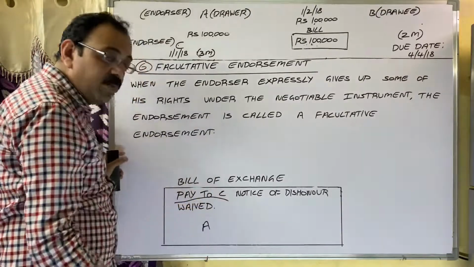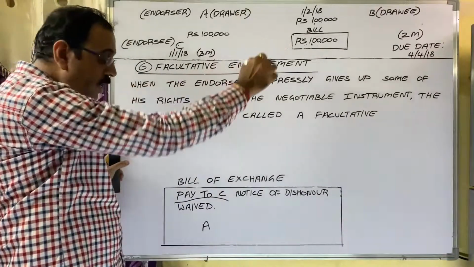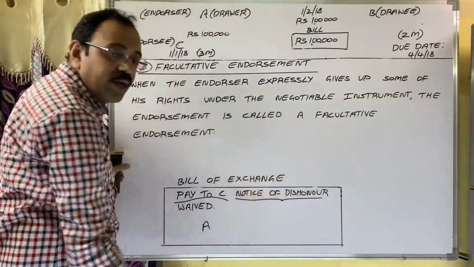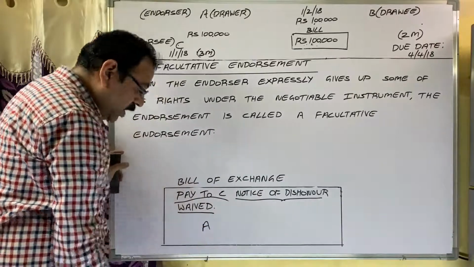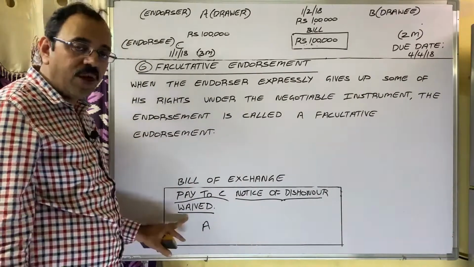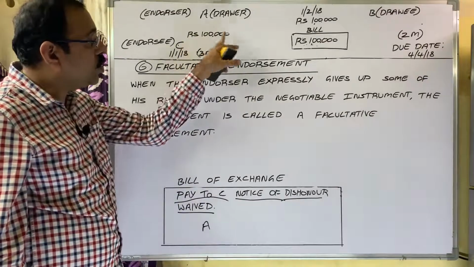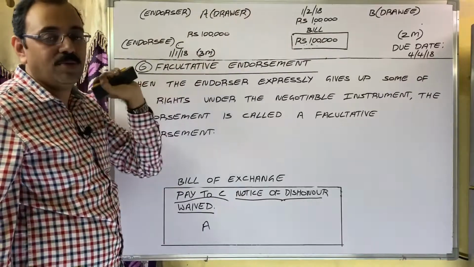I am endorsing the bill to C, and if the bill is dishonoured, C need not give the notice of dishonour. The notice of dishonour right is waived by me. Waived means what? Foregoing. So even without giving the notice, C can make A responsible for this amount.